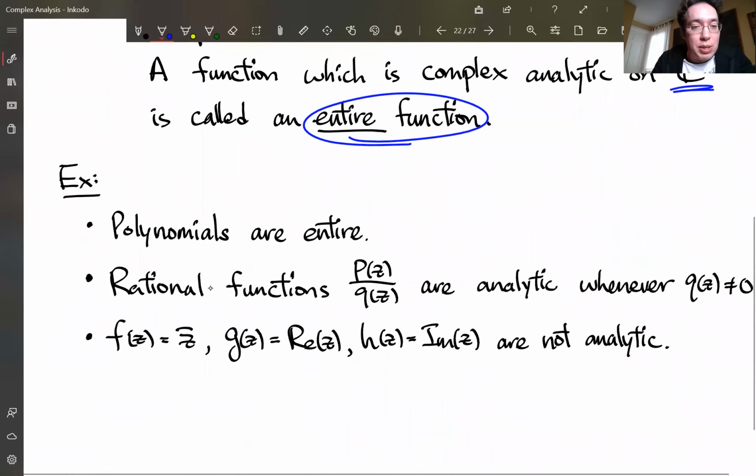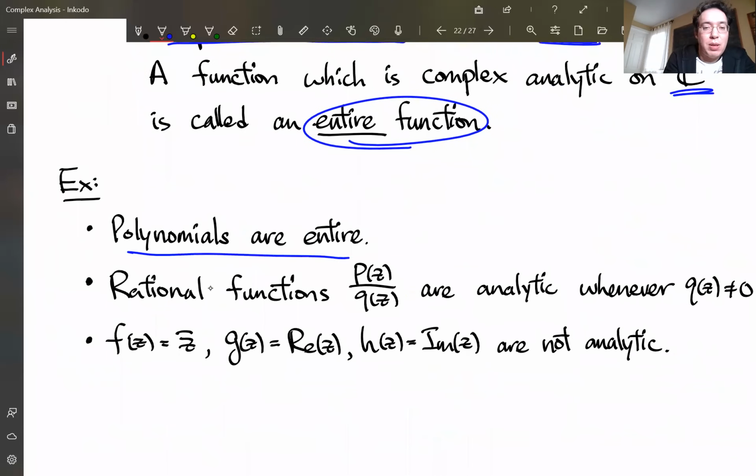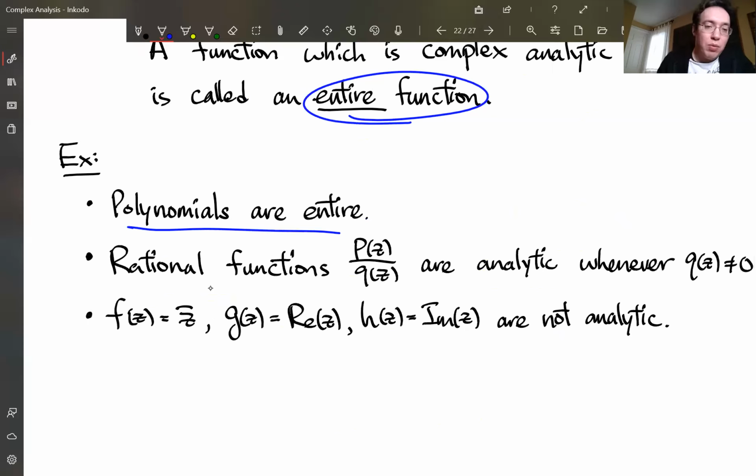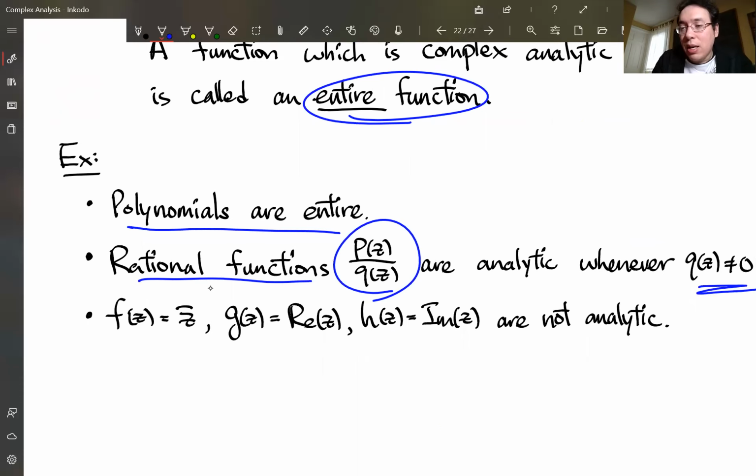Okay, so some examples. Polynomials are entire. We've already shown that the power rule works, so all the polynomials have derivatives. Rational functions: if you take polynomials and divide by polynomials, it is still analytic because the quotient rule still holds, as long as, of course, we're not dividing by 0.